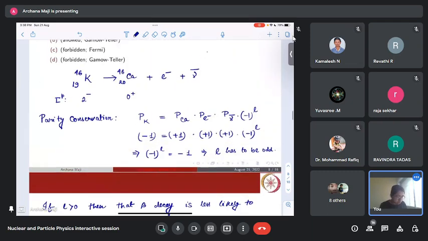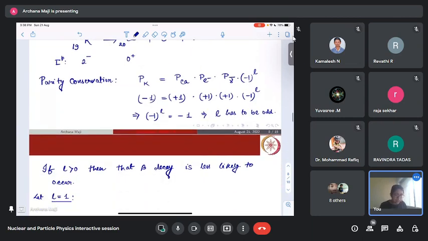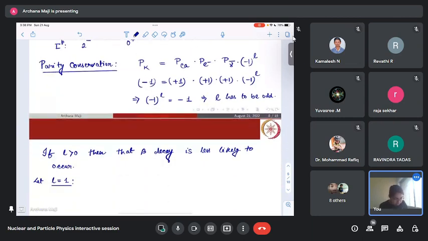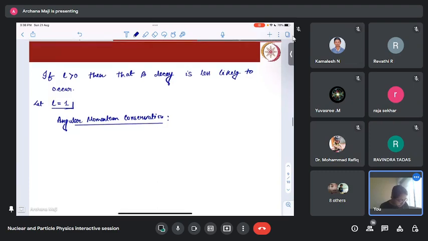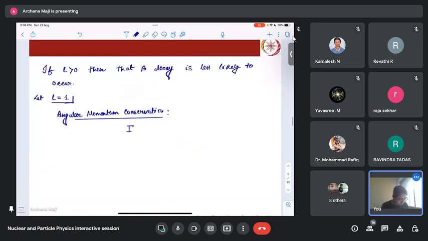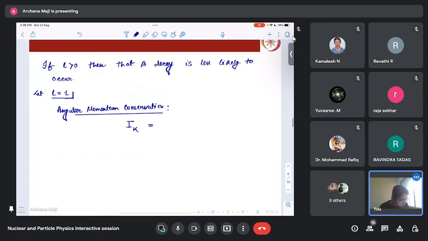In order to see that, we now need to do angular momentum conservation: angular momentum of the parent nucleus calcium plus spin of electron and antineutrino plus the orbital angular momentum.